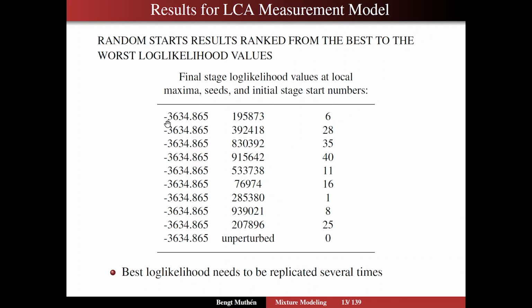And here the likelihood is on the negative part, so a good likelihood is the likelihood that's as close as possible to 0. The unperturbed is rather the default starting values, and in this case actually we wouldn't have needed any random starts at all beyond that, but that's because the model is fairly well behaved, as it often is in simulated data.